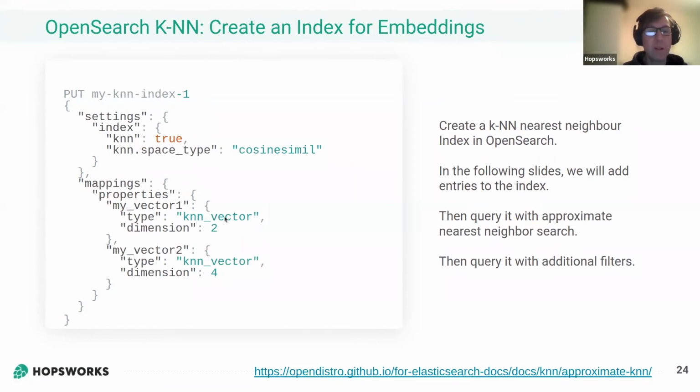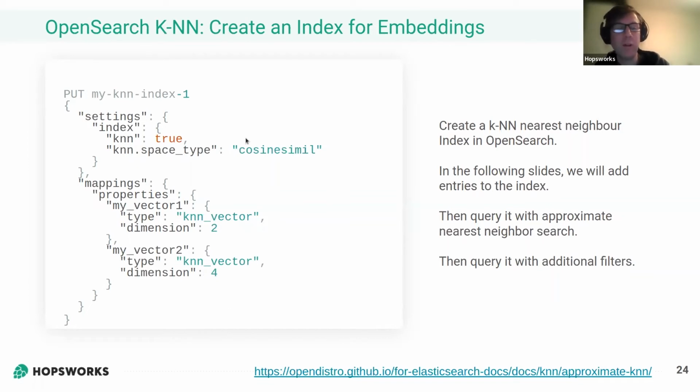One is called my vector 1, and the second one is my vector 2. The first one is a very small embedding of length 2, and the second is a small embedding of length 4. Reasonable lengths are 50, 100, 200, depending on your problem.